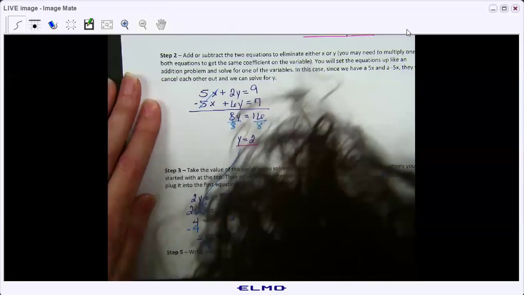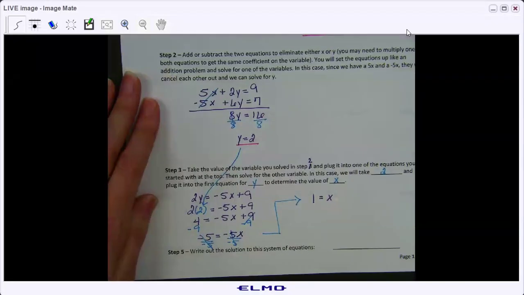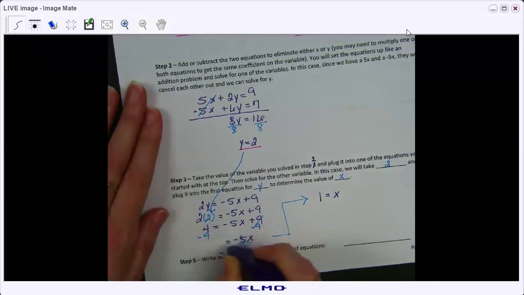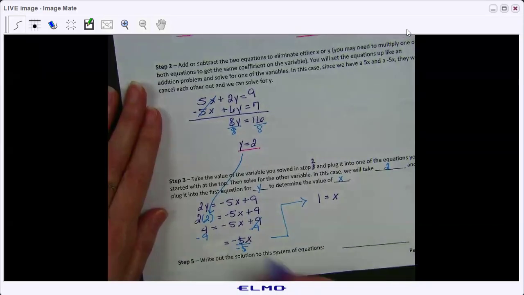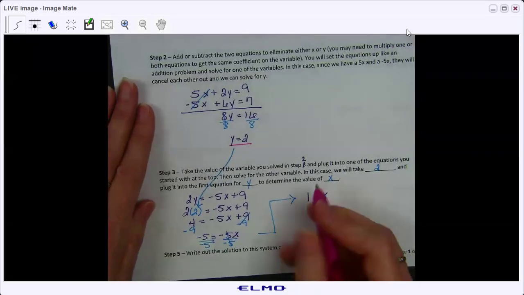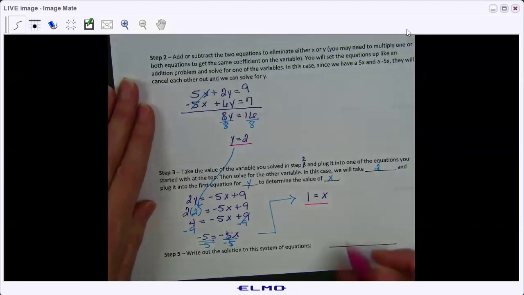Let me fix that. Okay, so then our final answer, remember x goes first in our solution, 1, 2.